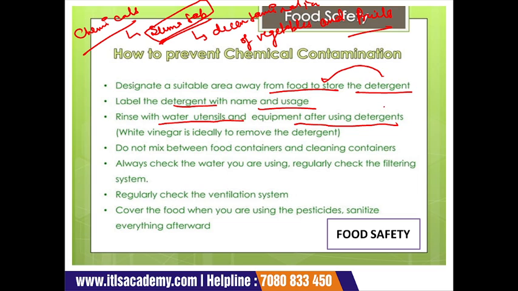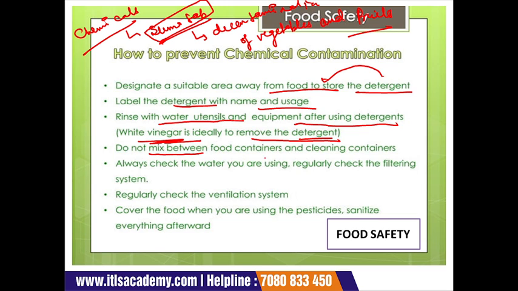When we wash the equipment with the detergent, after that we have to rinse that particular utensil with water. White vinegar is ideal to remove the detergent. So if we wash the utensil with the detergent, then at that time we have to use white vinegar to remove the detergent.